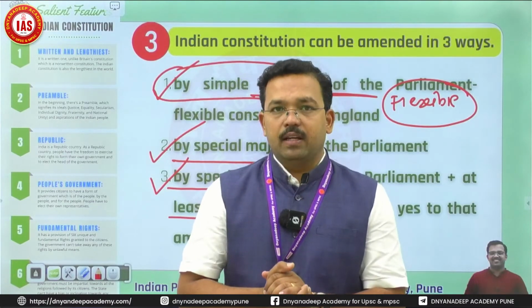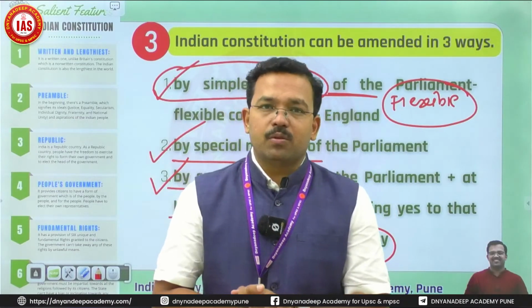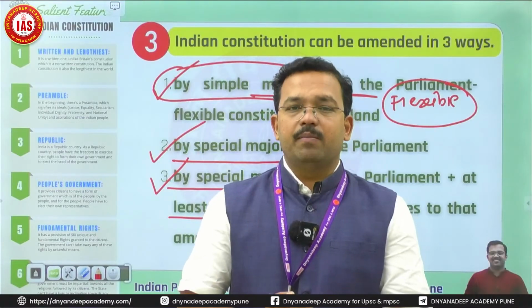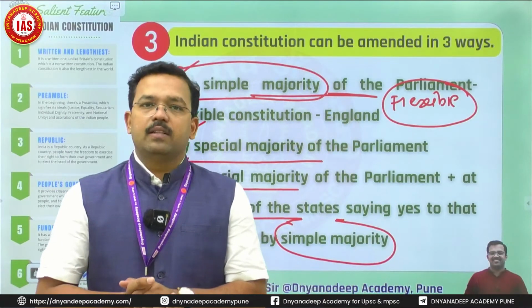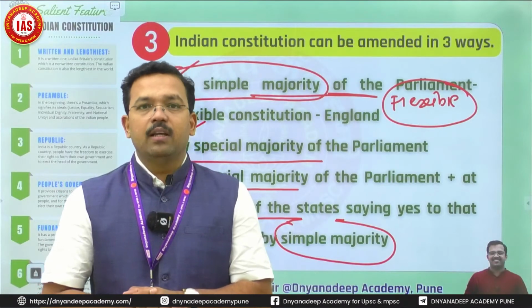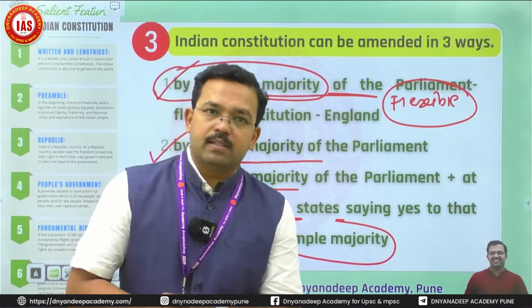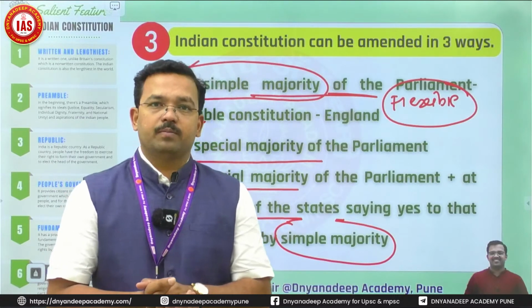I repeat once again, by simple majority, generally we make just cosmetic changes and not fundamental changes. That's why they said that those amendments made by simple majority need not be treated as amendments under Article 368 of the Indian Constitution.